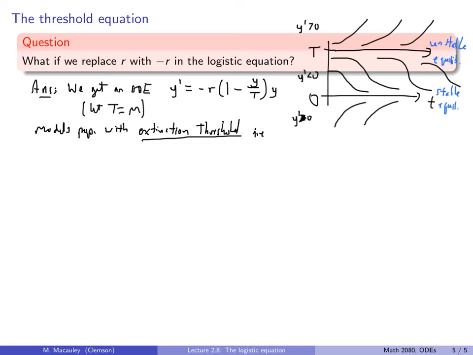And what I mean by this mathematically is if y of t is less than t, then the population dies out. And if y of t is greater than t, the population explodes.